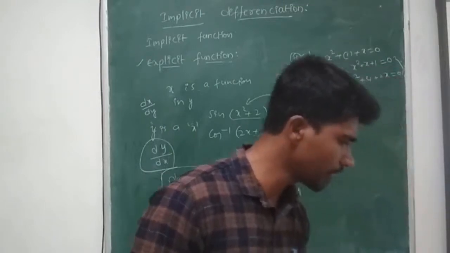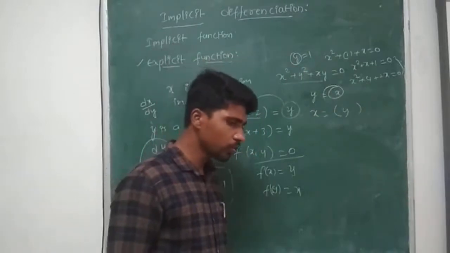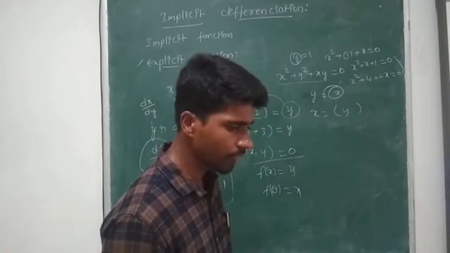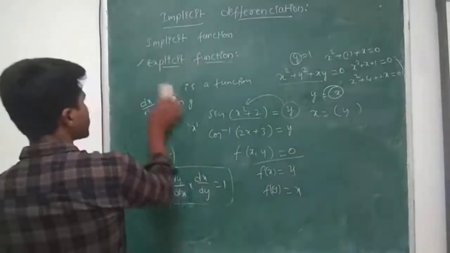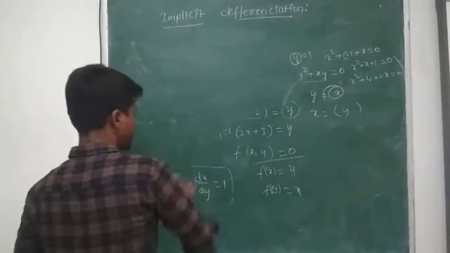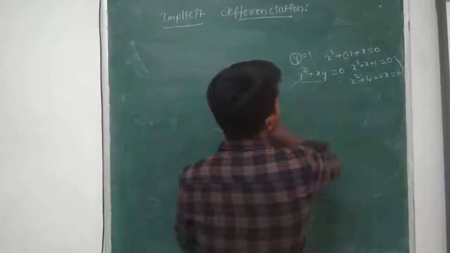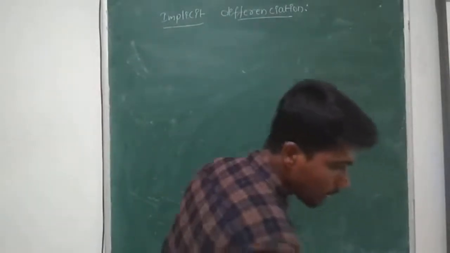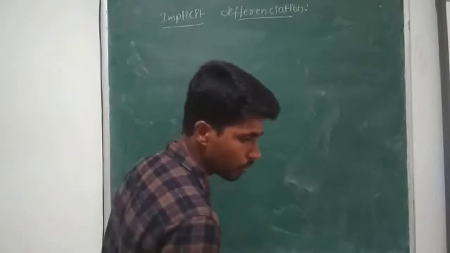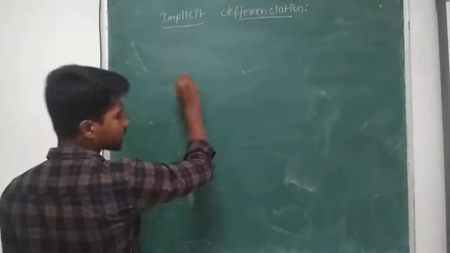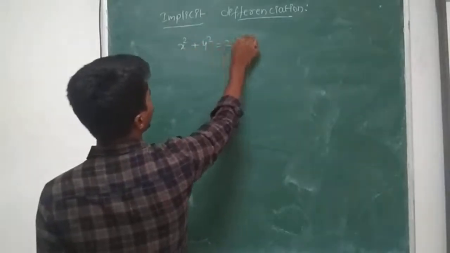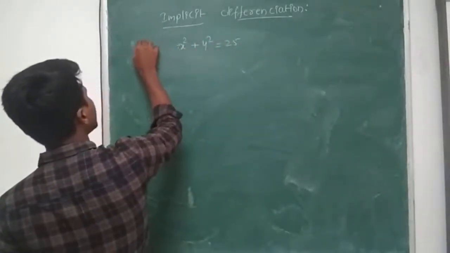Let a function be given: x square plus y square equal to 25. Find dy by dx.